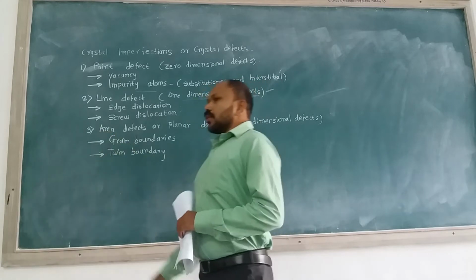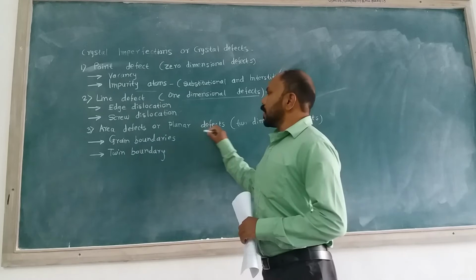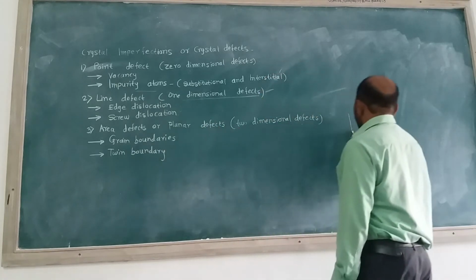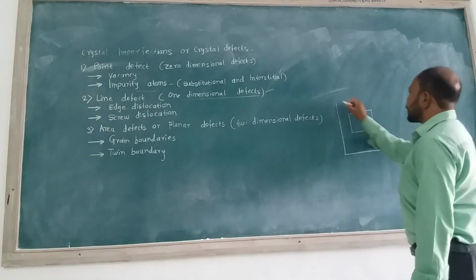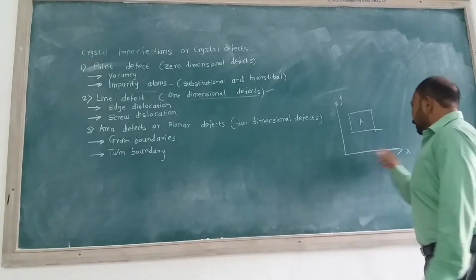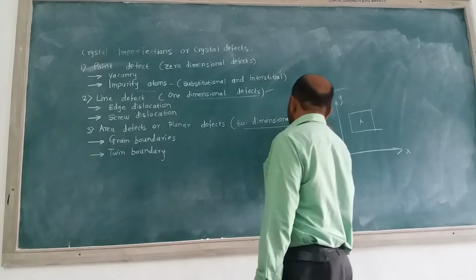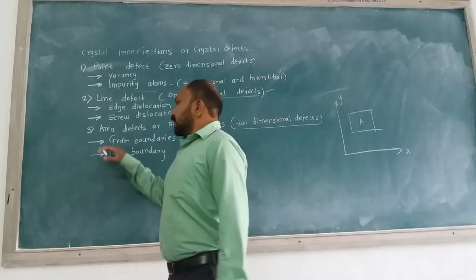The third type of crystal defect is the area defect or planar defect. We know that an area has two dimensions. If this is x and this is y, then for this area we require these two dimensions, so it is called a two-dimensional defect.